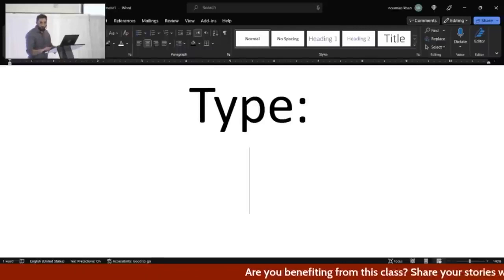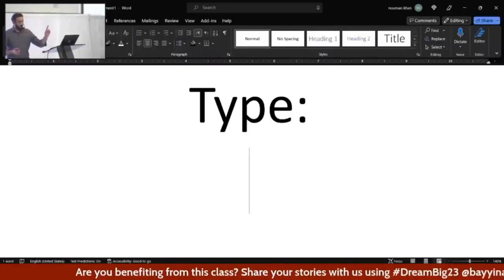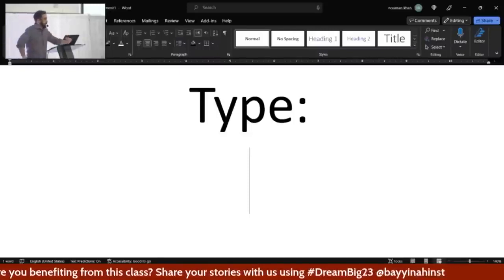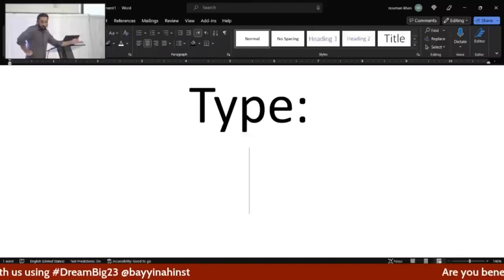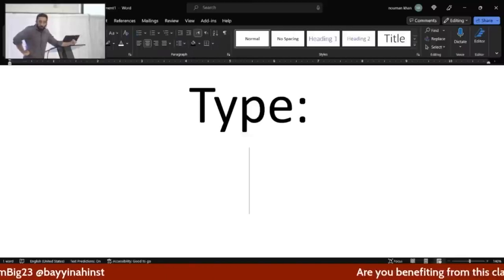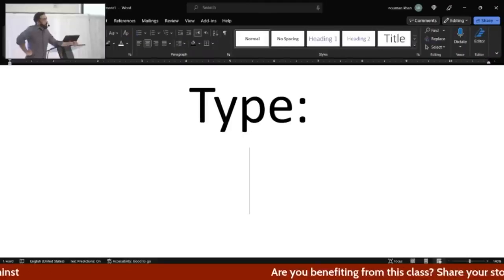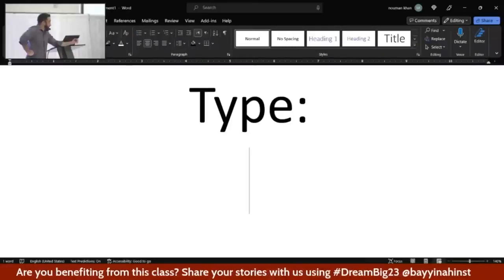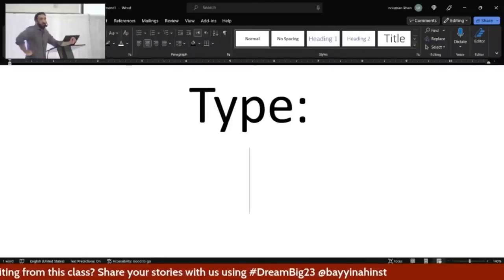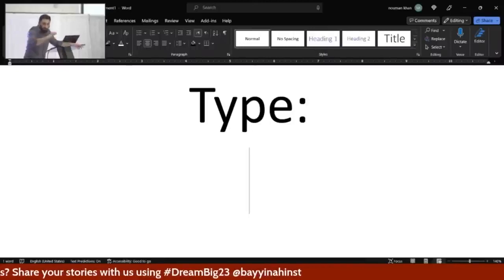We're good? Type. What's the difference between a teacher and my teacher? A teacher is any teacher. My teacher is very specific. What's the difference between a girl and Zainab? What's the difference between a chair and that chair?